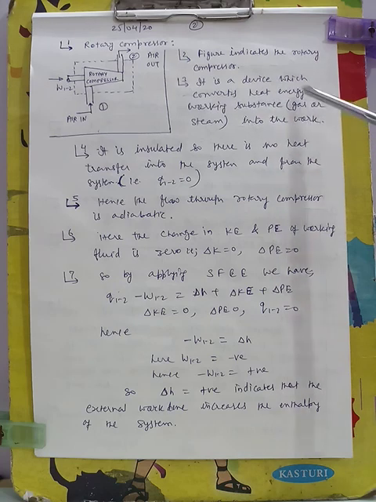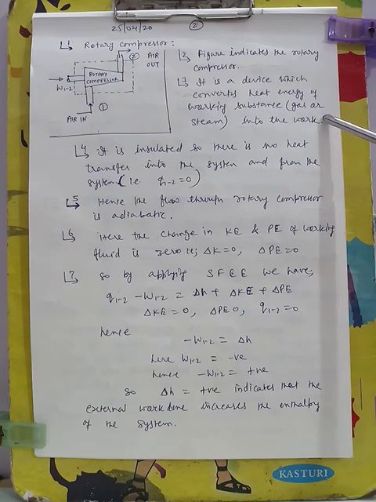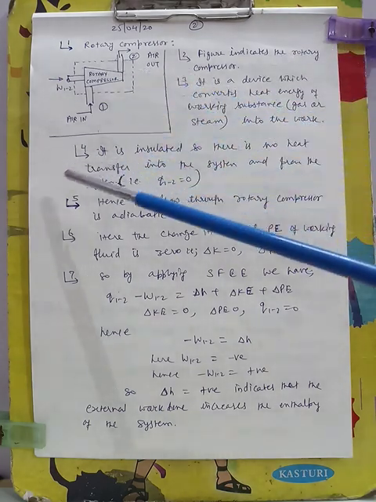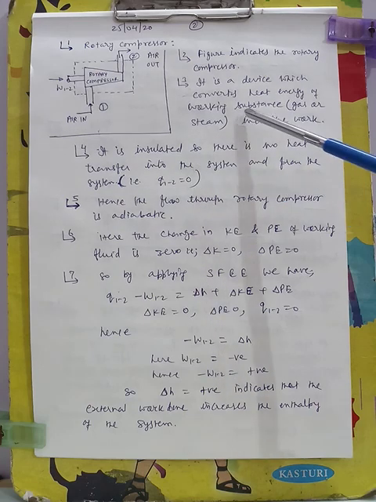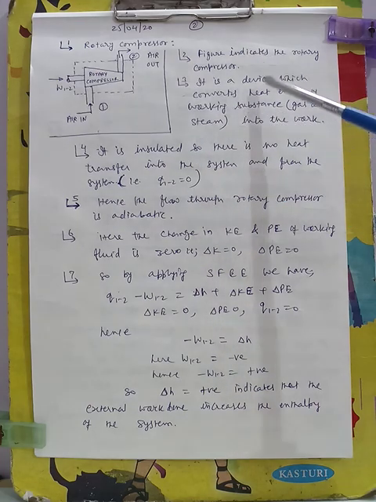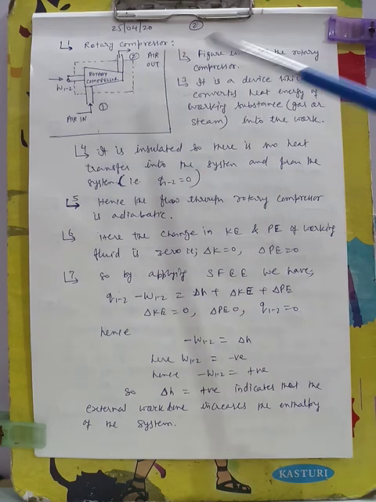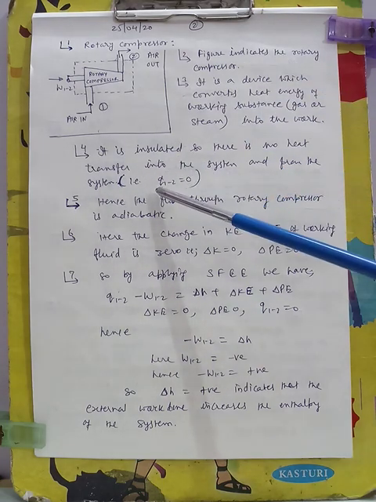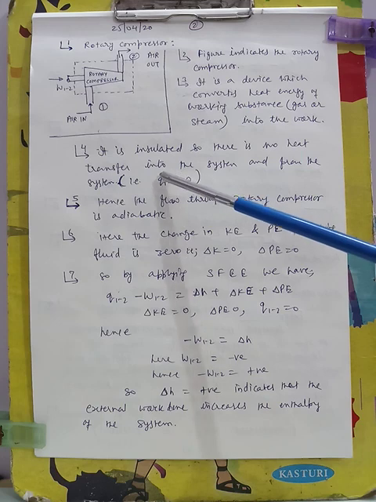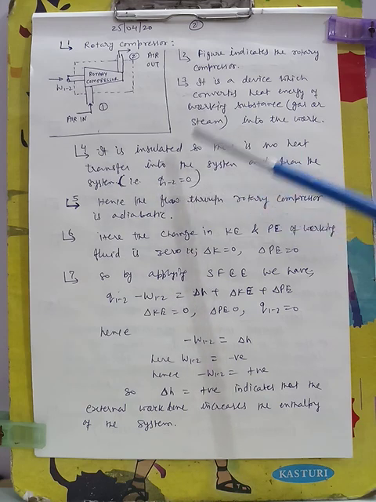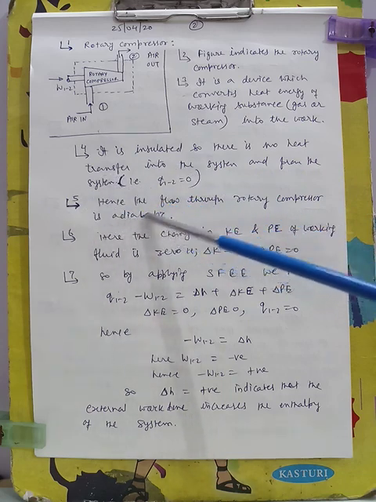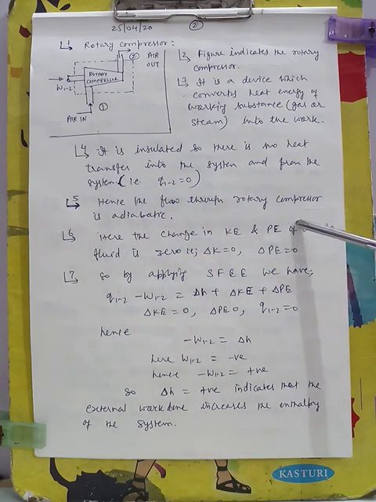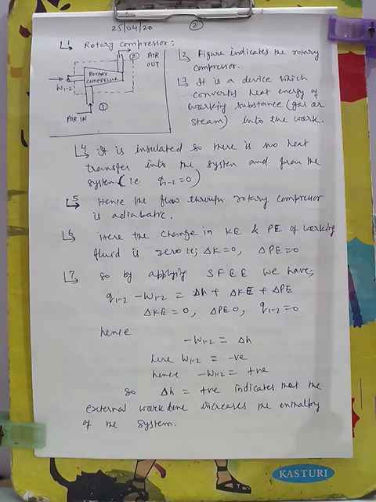And as I have told that it is insulated, means there is no transfer of heat into the system and from the system. So here heat transfer Q12 will be equal to 0. So we can say that the flow through rotary compressor is adiabatic.